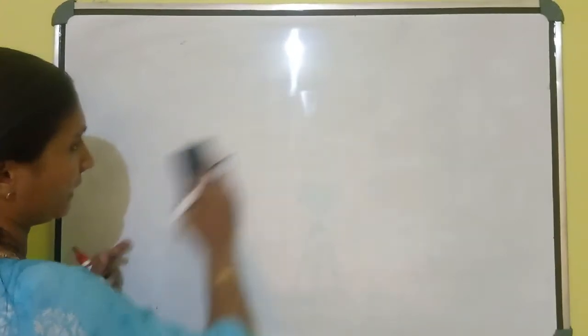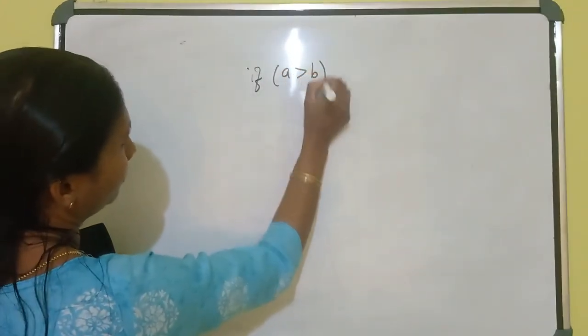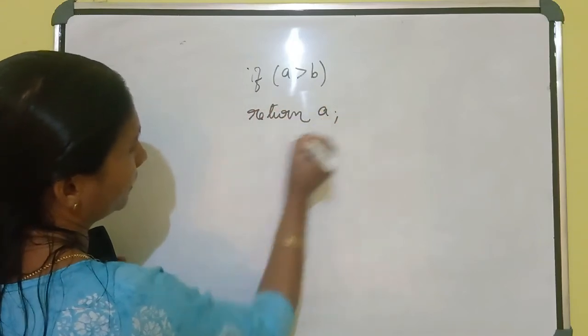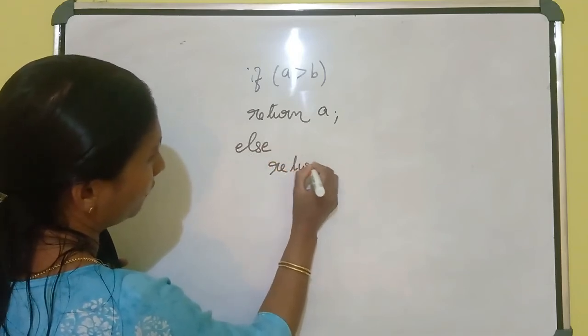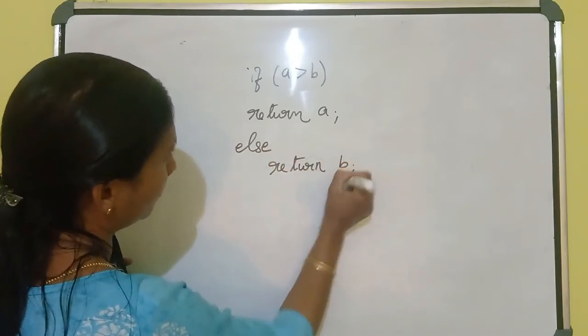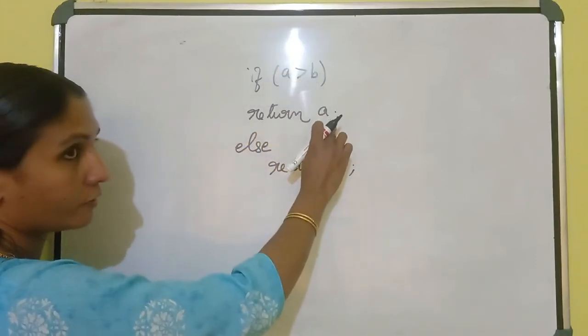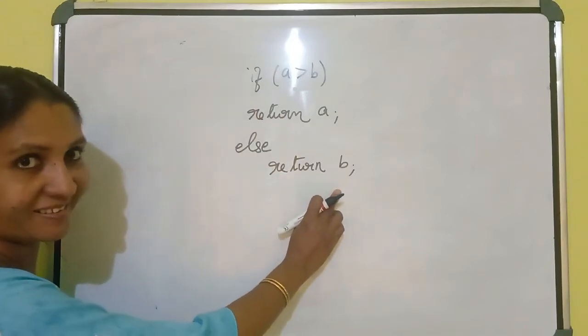And if you are giving like this, if A greater than B, return A, else return B, in one function you can give it this way. If the condition is true, we follow this return, and if the condition is false, we follow the other statement.